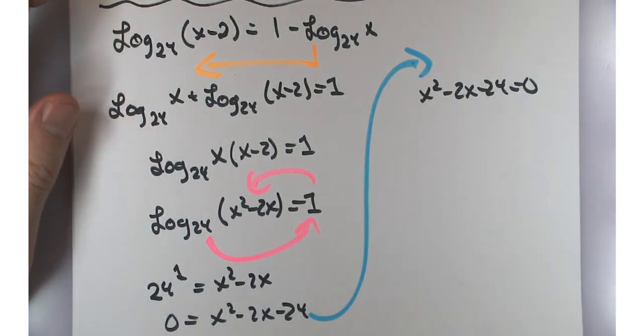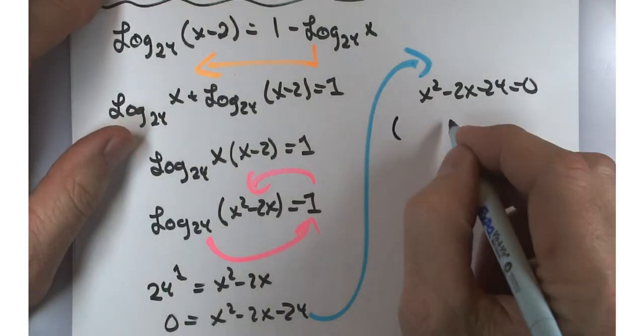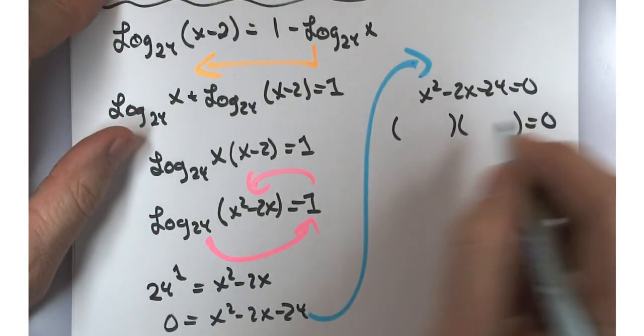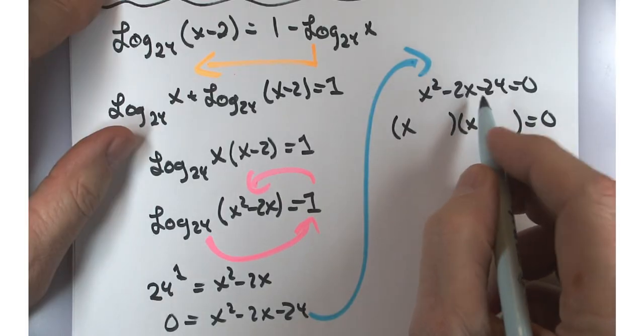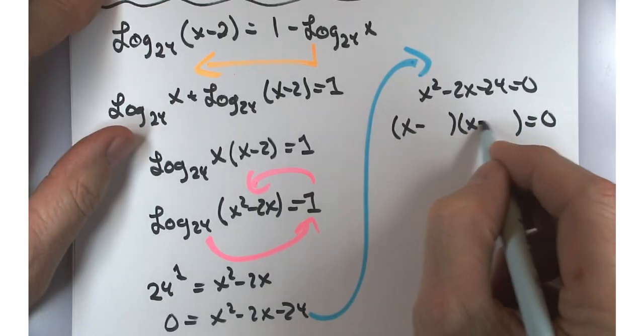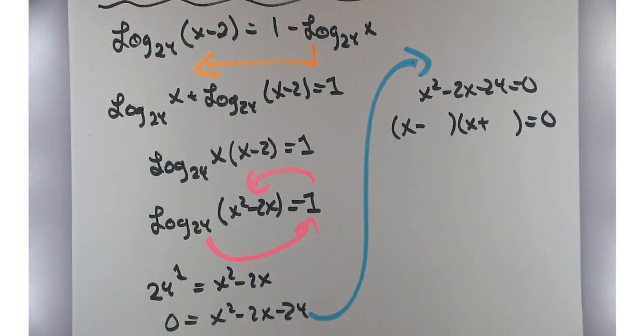George, maybe you can help me factor this. I know I need an x and an x. And because that last term is negative, one of these has to be negative, one has to be positive. What are the two numbers that fill in there? Two numbers that multiply to negative 24 and add to negative 2.